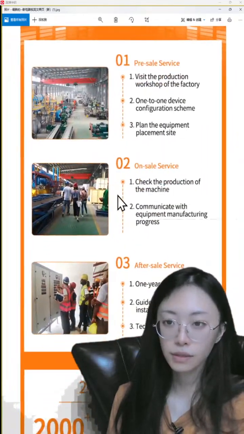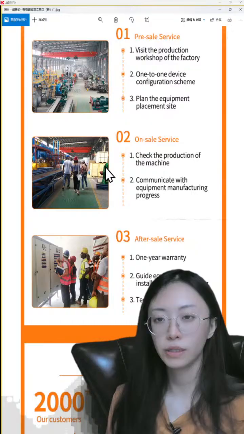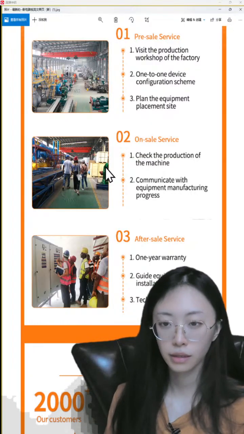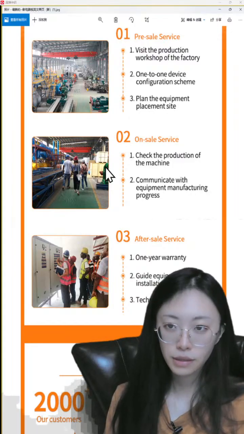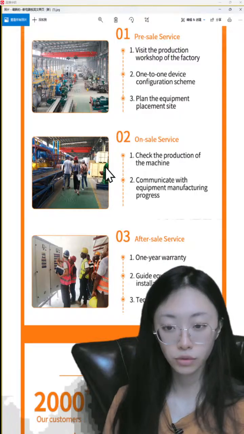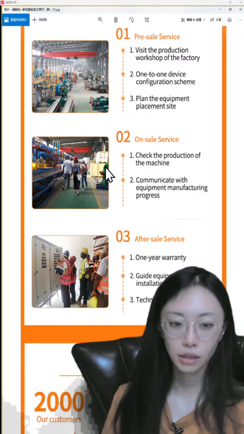And here is the service. We include the pre-sale service, on-sale service, and after-sale service in one. About the pre-sale service, you can visit the production workshop of the factory. Welcome to China.